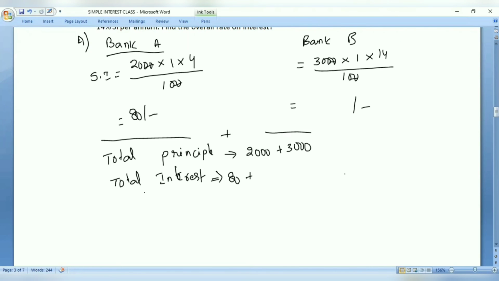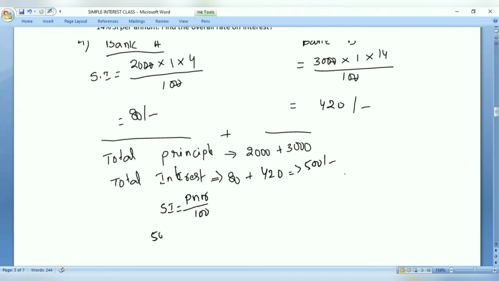Now, see here, from bank B, 30 into 14, that is 420 rupees as the interest that we have earned. So the total interest is 80 plus 420, that is 500. Now, simple interest is equal to PNR by 100.